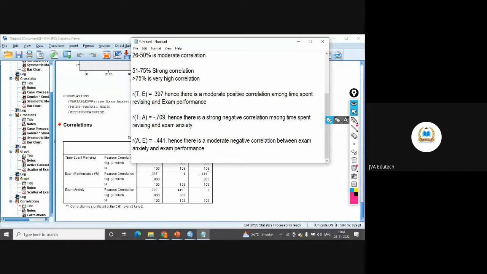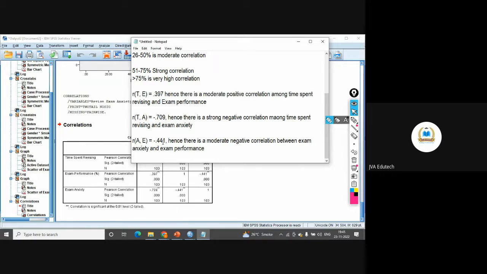If a student revises 1 more hour, the anxiety decreases by 70.9%. Standalone, if exam anxiety increases by 100%, exam score decreases by 44.1%. Means anxiety affects the performance negatively.